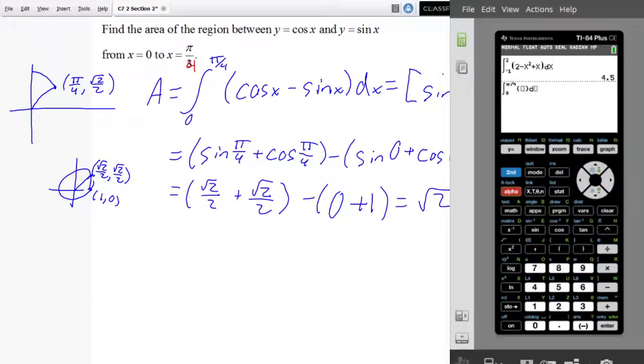I'm going to cheat on this: y1 minus y2, dx. Yeah, approximately 0.414. I don't care whether you give me the answer of approximately 0.414 or the answer as square root of 2 minus 1. They're the same thing. It's just I happen to be cooler the way that I did it. If you don't want to grow up and be cool, that's fine. You can do however you want to do this.